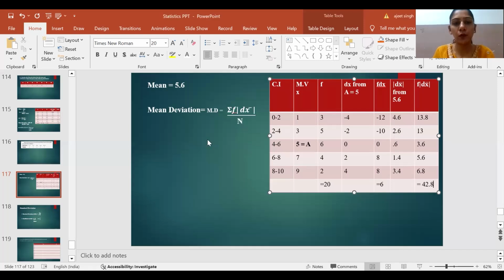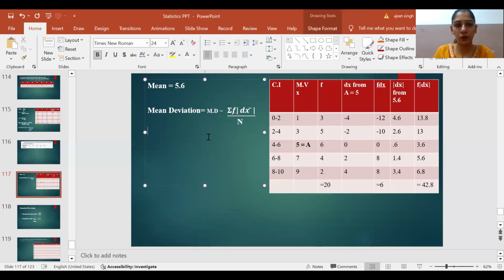42.8. Now we will put all these values in the formula of calculating mean deviation, which is equal to 42.8 divided by n, which is 20. So the answer will be 42.8 divided by 20, which is 2.14.